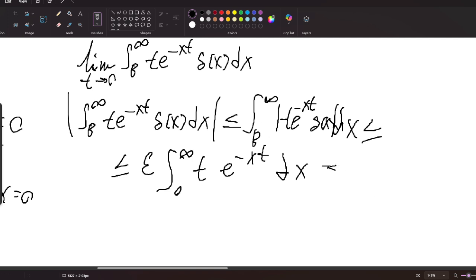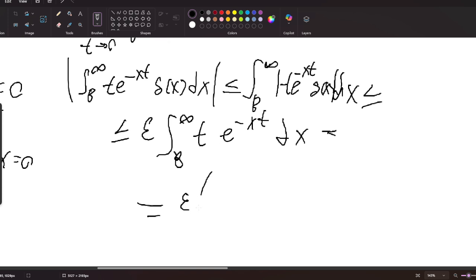I wrote 0, it's b here. Now let's actually evaluate this integral. We bring out the minus here, then we do u-substitution, so infinity becomes 0, here we have e to the power of minus bt, then we bring the minus back, so e to the minus bt is here, and 0 is here. So what we get is epsilon times e to the power of minus bt.